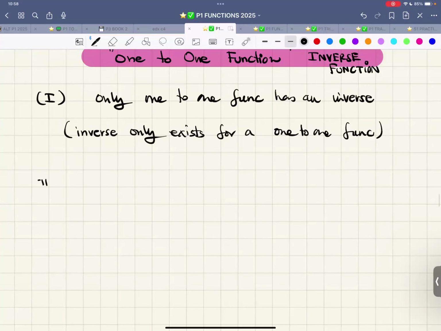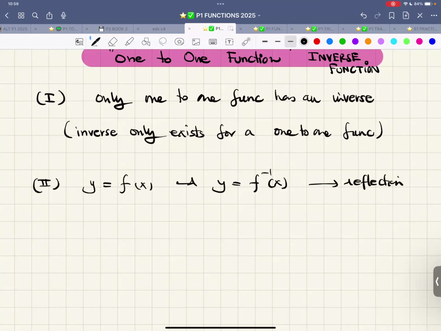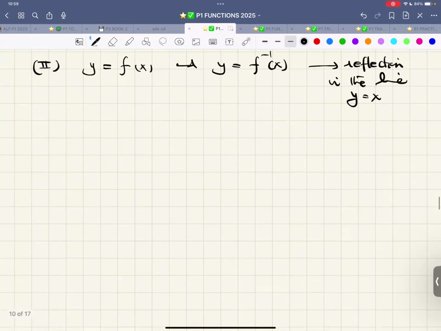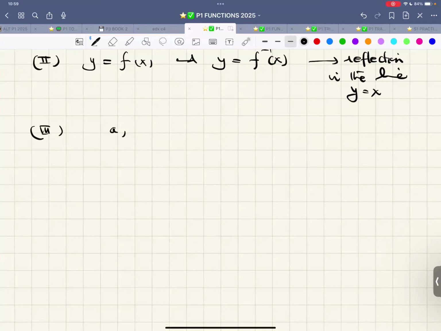The second one: the graphs of y equals f(x) and y equals f inverse x are a reflection of each other in the line y equals x. Therefore, a point such as (a, b) will become (b, a). Therefore, the domain of the original becomes the range of the inverse and vice versa.